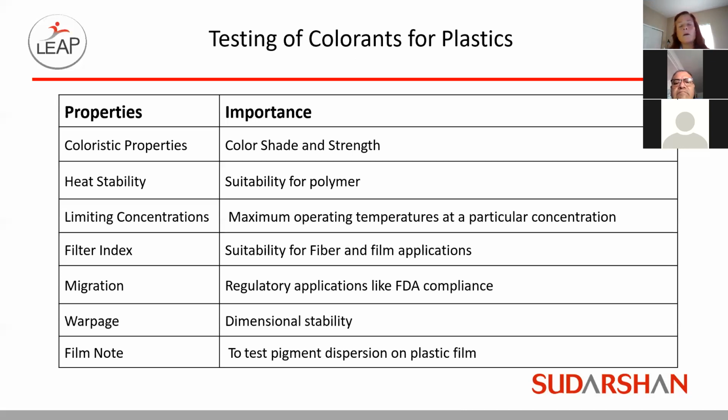This is a measure of the dispersibility of the particular colorant, but it is especially important for film and fiber applications so that we can get the dispersion to the best state possible for those applications.